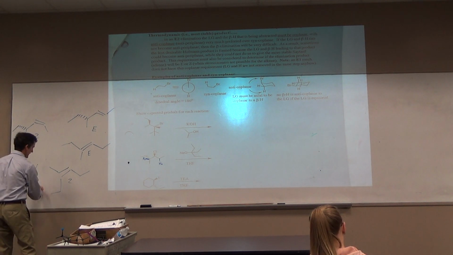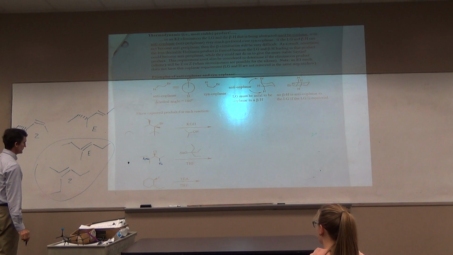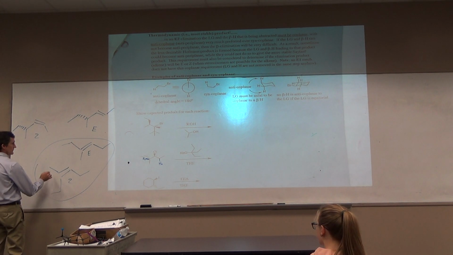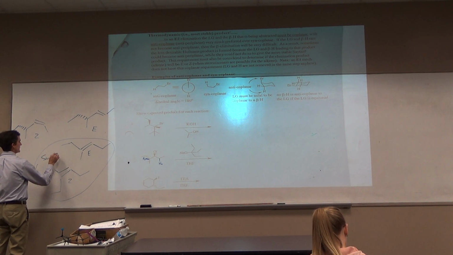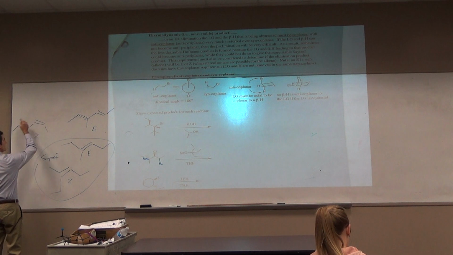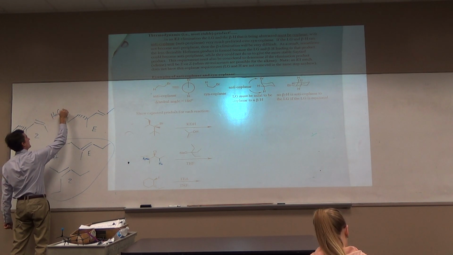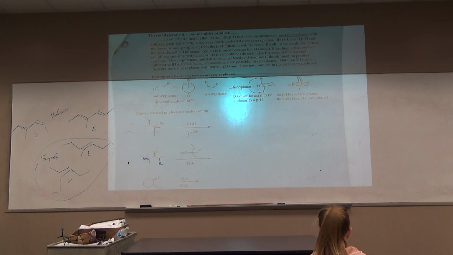Well, what can we call these here? Some type of name. We can refer to these as what? Zaitsev, however you want to spell that. And these 2 would be called what? Why is that? Disubstituted, trisubstituted.